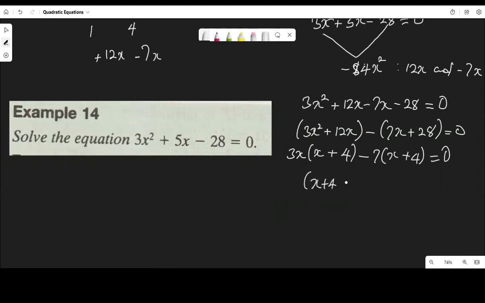x plus 4. Here we pair this and this together. Now 3x minus 7 equals 0.